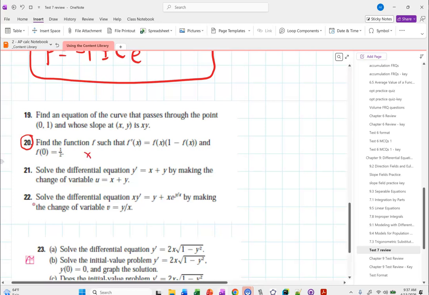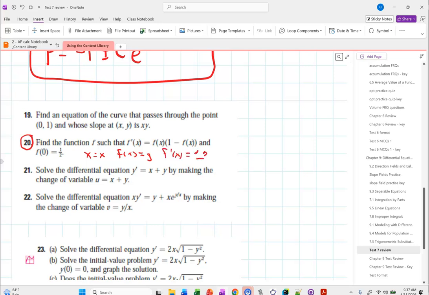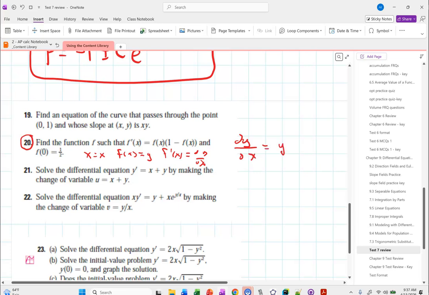So obviously x is just x, and f of x is y, and f prime of x then is dy dx, right? So my differential equation would be dy dx equals y times 1 minus y. Is everybody okay there? So to separate things, I'm going to divide both sides by y times 1 minus y.